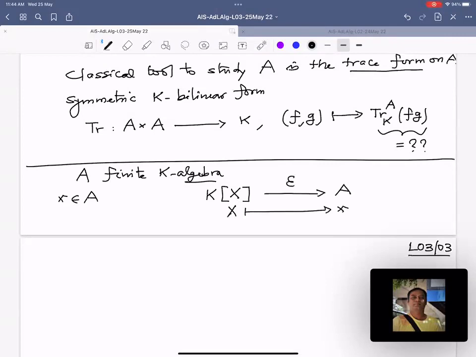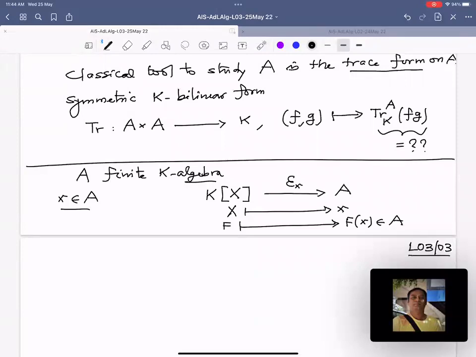This is the evaluation map at x. Any polynomial f will be mapped to f of x, f evaluated at that x. This is again an element of A. X is in A, therefore f of x is also in A because it's an algebra.